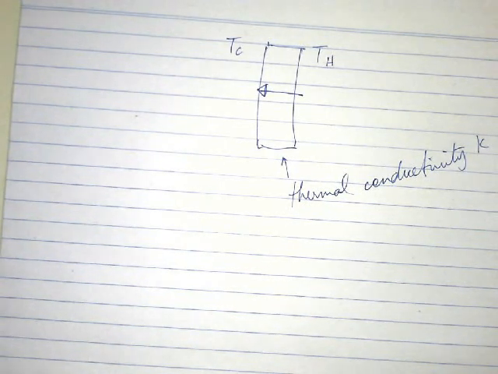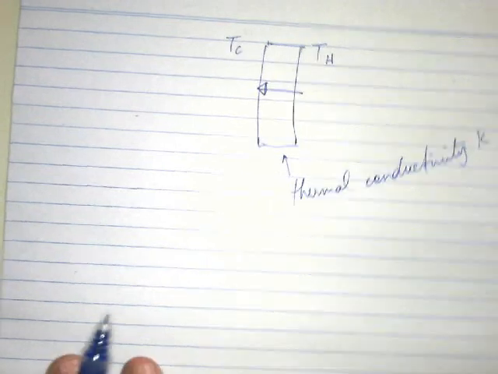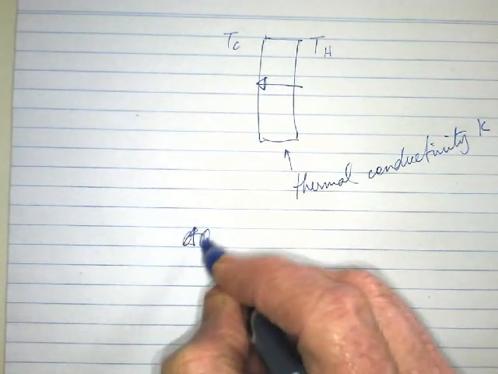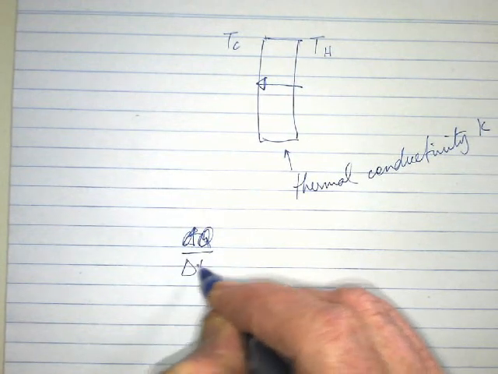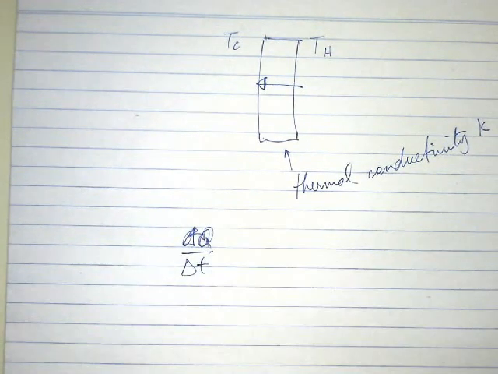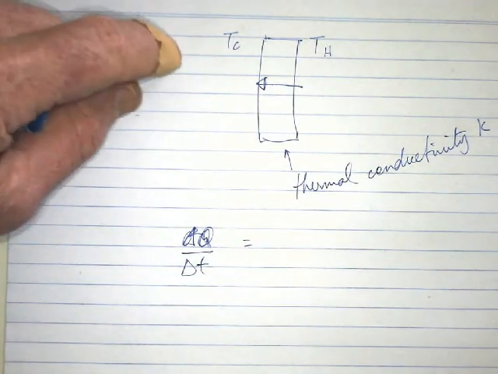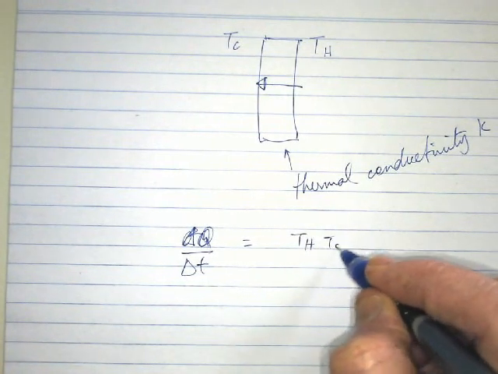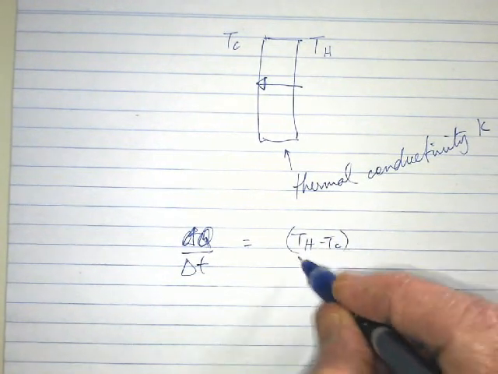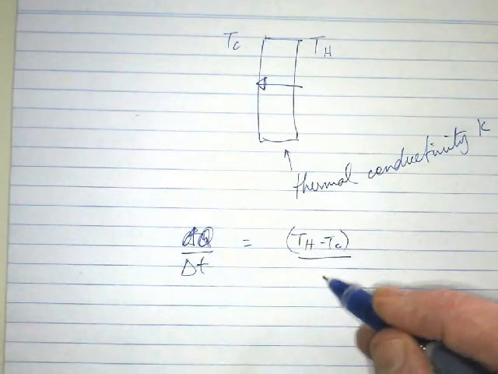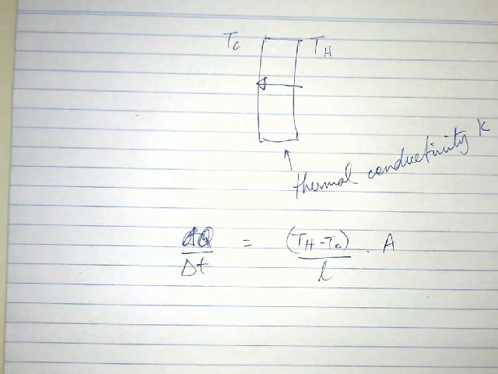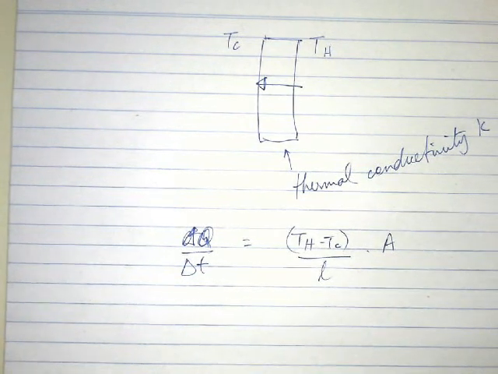So the rate at which the heat flows, let's write it like delta Q, the amount of heat that flows in time t, depends on the temperature difference, so TH minus TC, divided by the length, times the cross-sectional area, the bigger the area the more will happen, and the thermal conductivity.